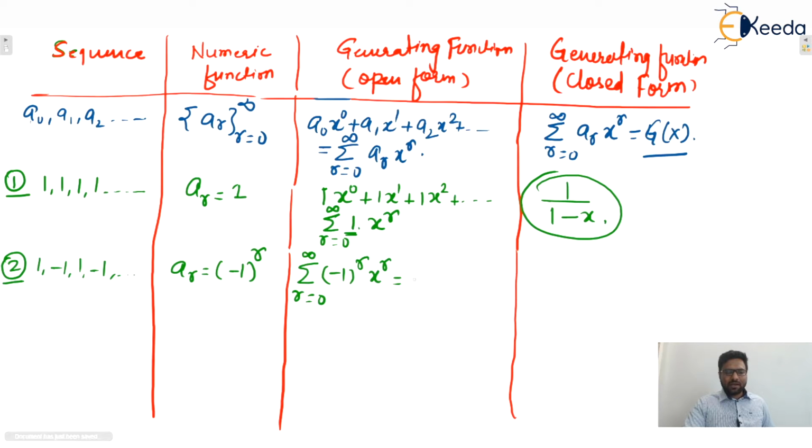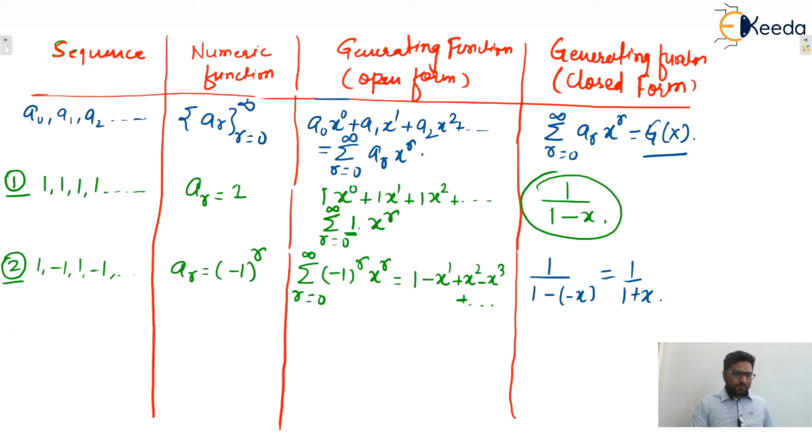We can expand this: 1 minus x power 1 plus x square minus x cube up to infinity. This is also an infinite GP series with common ratio minus x. So it becomes 1 upon 1 minus minus x, that is 1 upon 1 plus x. So that will be the closed form, isn't it? I hope this one is clear to everyone.